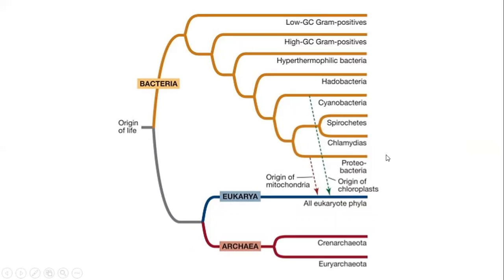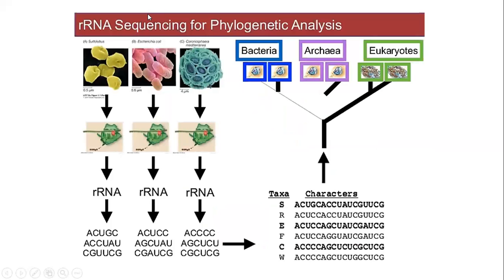I previously told that bacteria, eukarya, and archaea are classified on the basis of several parameters, but most importantly, the molecular parameter, which is based on DNA and RNA sequencing, is very important.